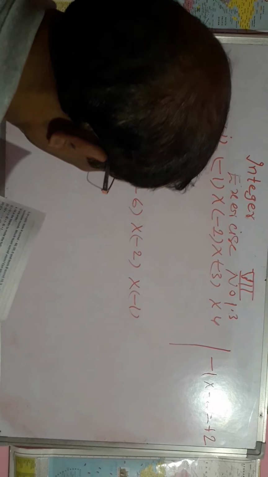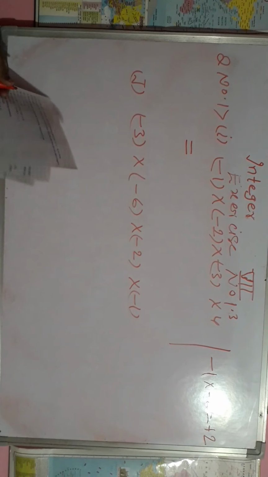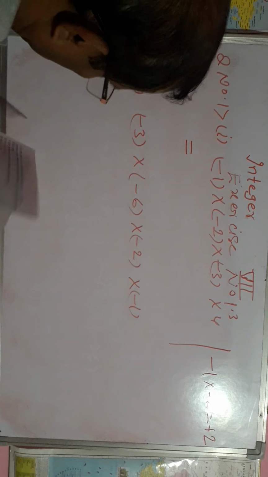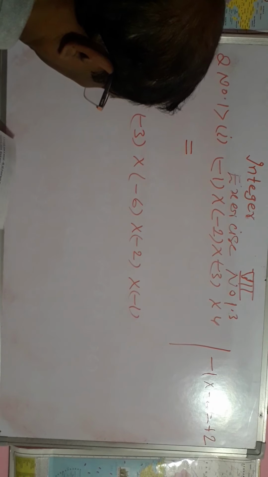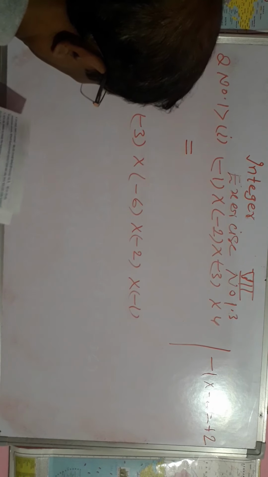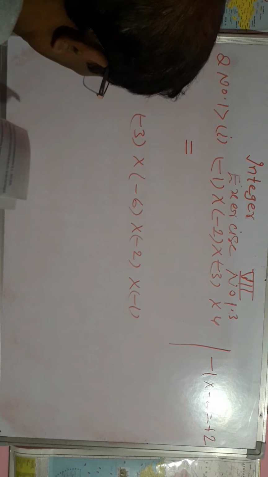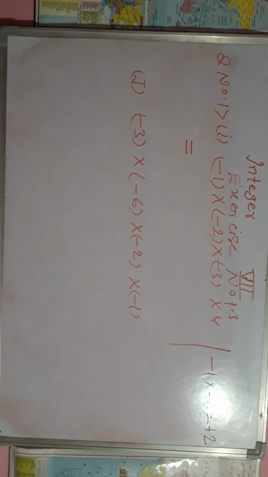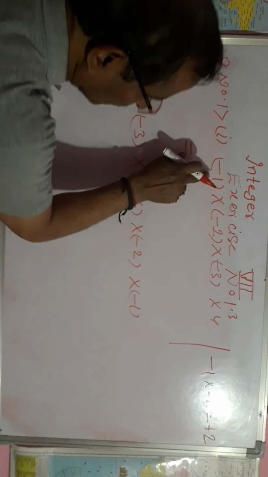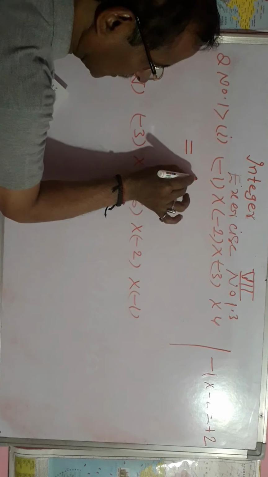So minus 1 multiply minus 2 will become 2.